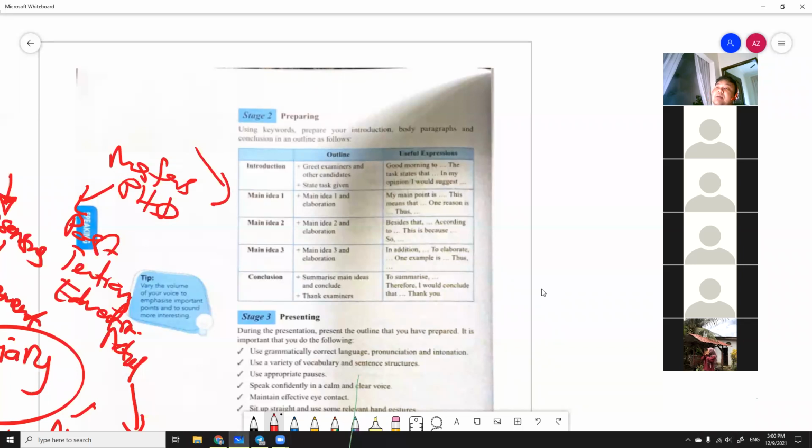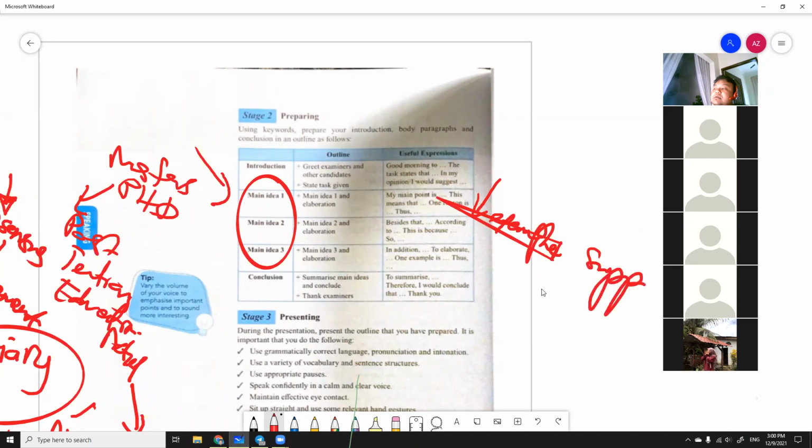So make sure you come up with main ideas, main idea 1, 2, and 3, and each main idea is supported with examples, with supporting details. So for supporting details, make sure you don't use more than 2.